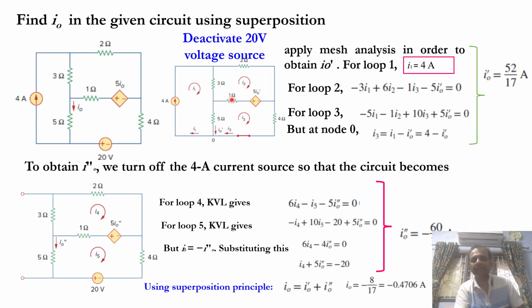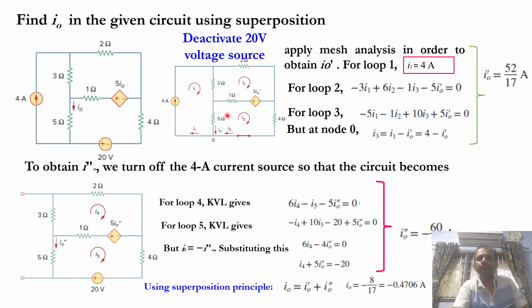So you have to look at the current direction. I1, I2, I3 are the 3 currents. Compare the directions: I1 is flowing downwards, I2 is flowing upwards, I3 is also flowing upwards.